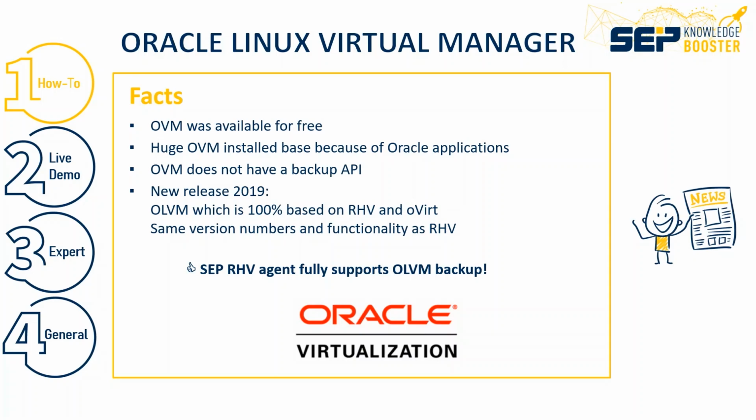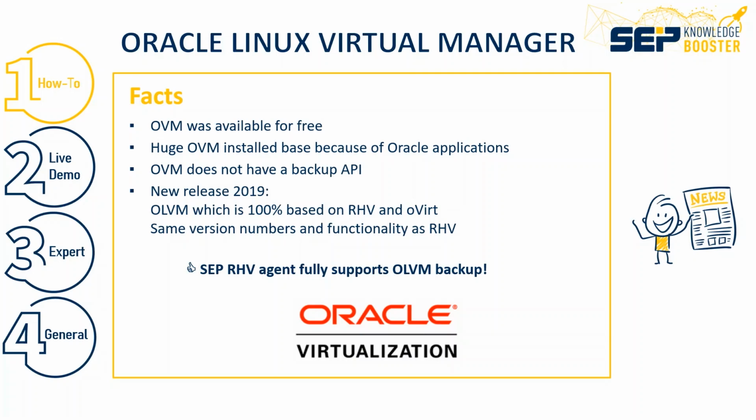However, you should know that there is also a hypervisor from Oracle. It's called OLVM in the past. It's the Oracle Virtualization Manager. It was available for free. However, it did not have any backup API. So Oracle, in fact, decided to release a new virtual manager, a new hypervisor, which is now called Oracle Linux Virtual Manager.